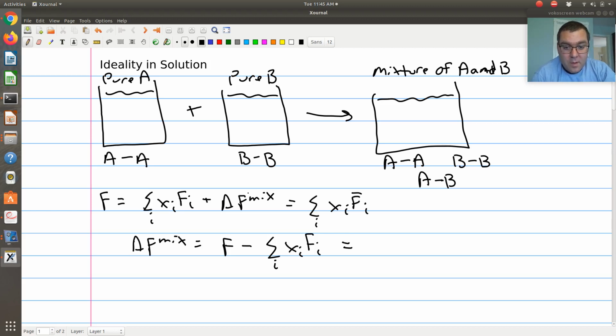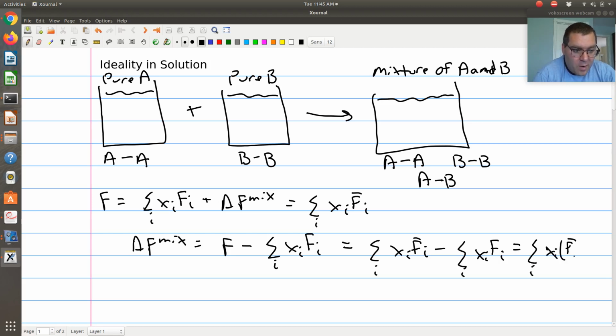Or equivalently, if I match these two expressions, I can write this as the sum over i of x_i f-bar_i minus the sum over i of x_i f_i, or collecting terms, the sum over i of x_i times (f-bar_i minus f_i). I like this because delta f of mixing is the molar average of the difference between my partial molar f, which is the effective f due to component i in my mixture, and f_i, the pure component value at the same temperature and pressure.